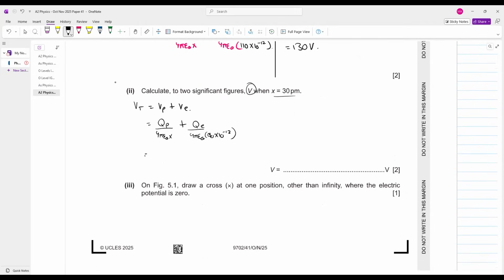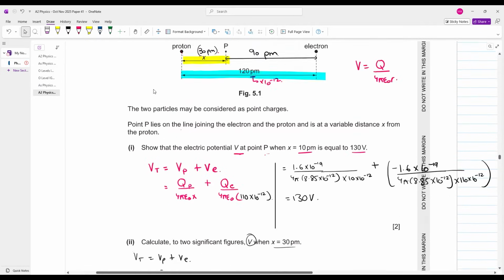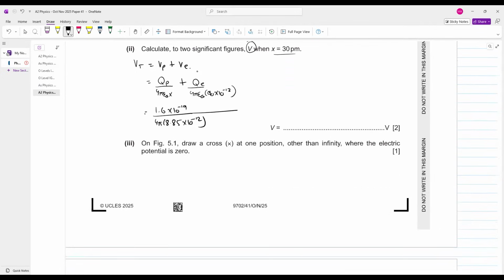Yes. What is the charge on a proton? 1.6 into 10 to the power of minus 19, over 4 pi. What is the value of E naught? 8.85 into 10 to the power of minus 12. What is the value of x? 30 picometer, into 30 into 10 to the power of minus 12. Plus 1.6 into 10 to the power of minus 19.